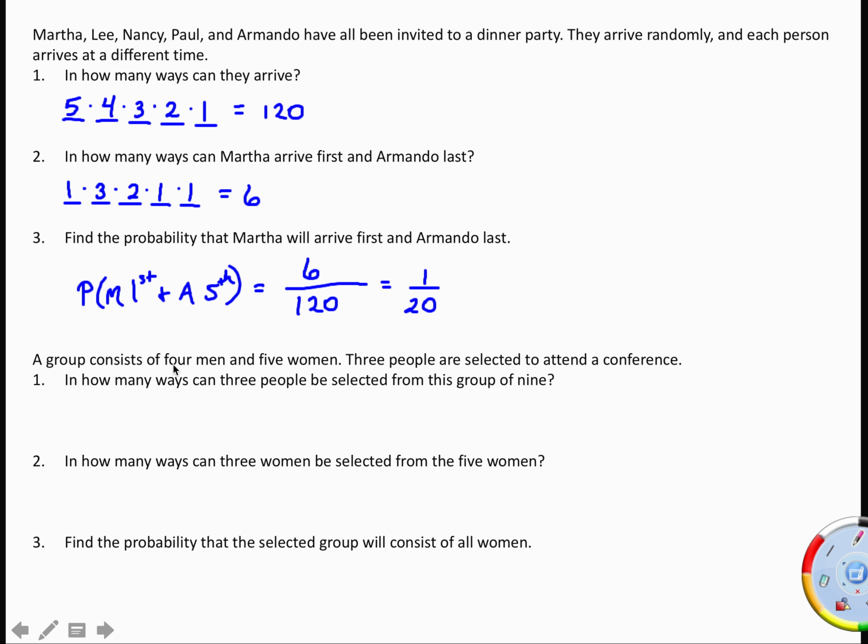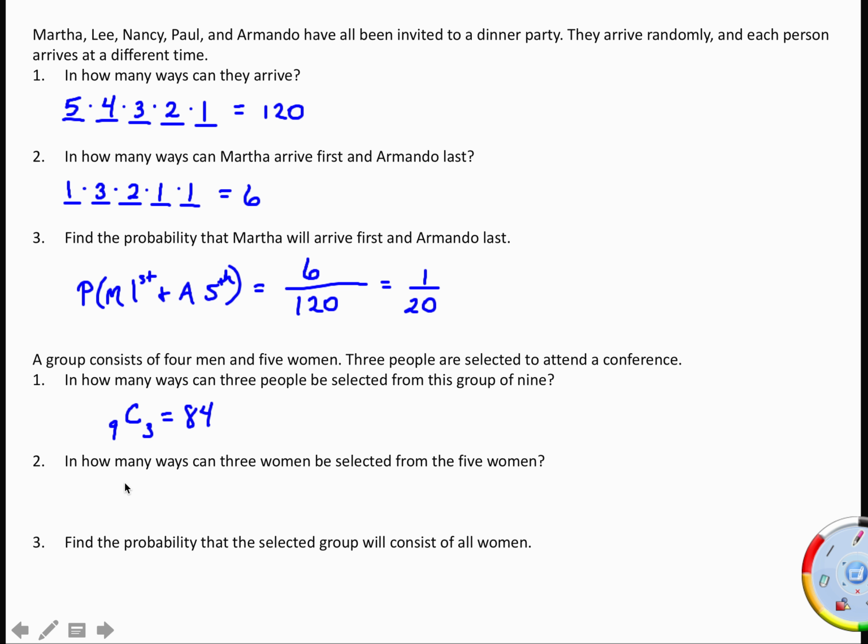So now that I know that it's a combination, I've got a formula for that. There's 5 women and 4 men, so that's 9 people altogether. And we're going to choose 3 of them to go to the conference. So I can plug that into my calculator and get 9, choose 3 to be 84. 84 different ways you can choose 3 people from a group of 9.